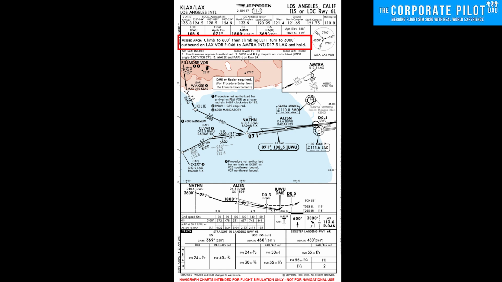Then you get to an altitude and you turn left or right, sometimes level off, sometimes continue a climb, and then go to a fix and hold. Like in this case, climb to 600 feet, then climbing left turn to 3,000, and then fly outbound on the LAX 046 degree radial to Amtra intersection, which is also identified by the 17.3 DME off of LAX, and hold.